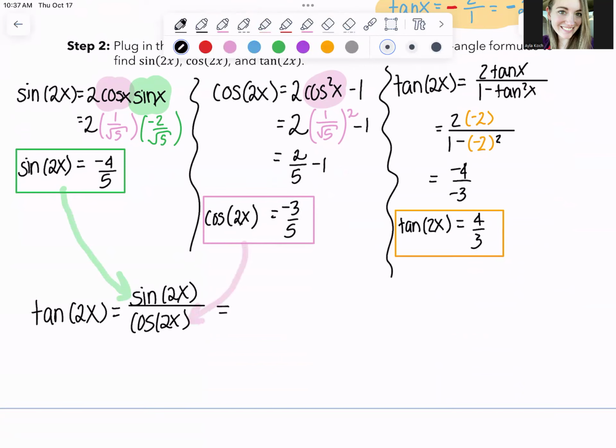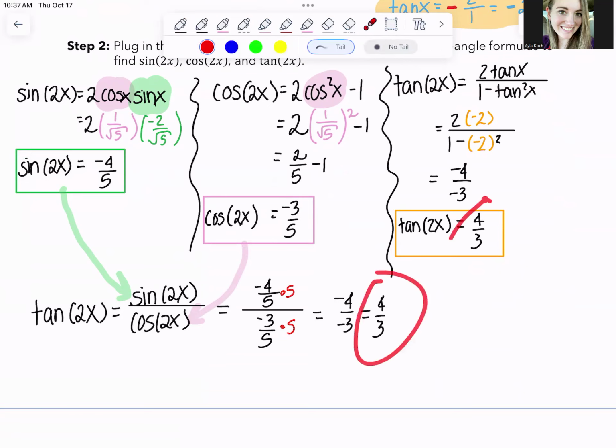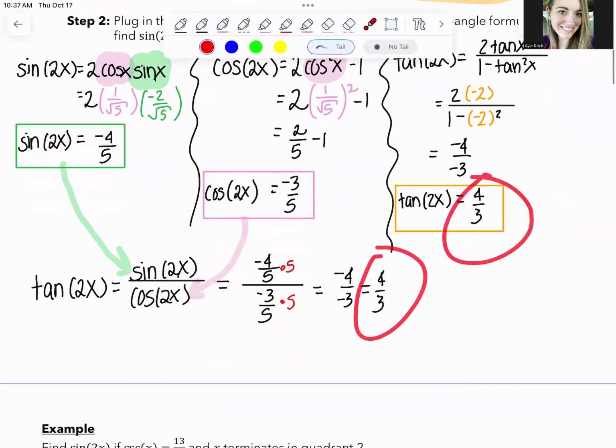So this would be negative 4 over 5 divided by negative 3 over 5. Multiply the numerator and denominator by 5. You would get negative 4 over negative 3, you would get 4 over 3. So no matter how you do this, you're going to get that same 4/3 answer there.